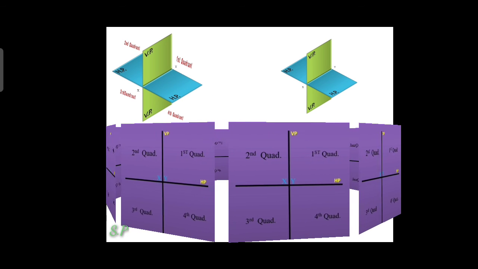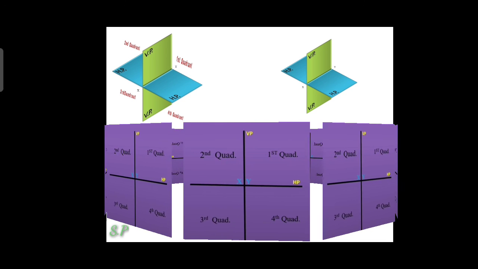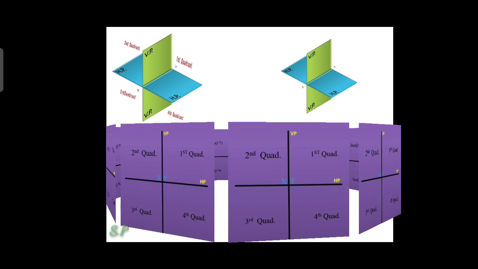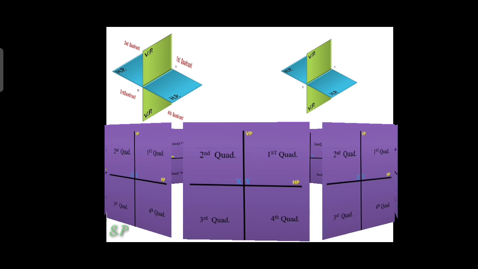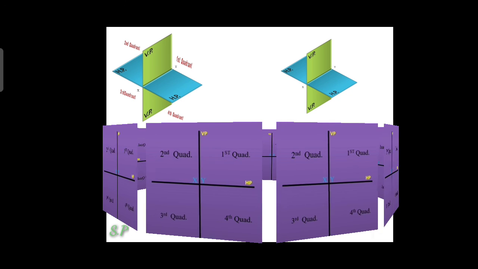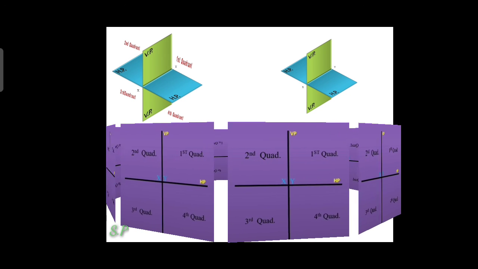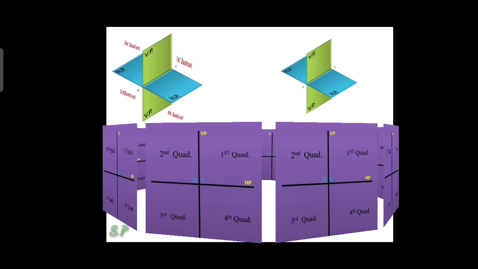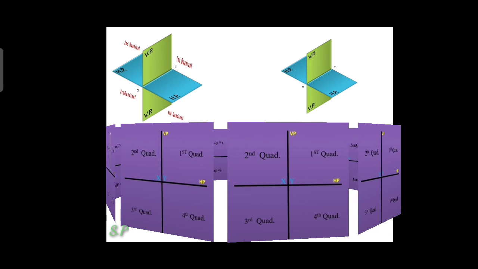Here are some important hints in the projection of points. The first one is, if the point is above HP, the front view point will be above the XY reference line. If a point is below HP, the front view point will be below the XY reference line. If a point is in front of VP, the top view point will be below the XY reference line.